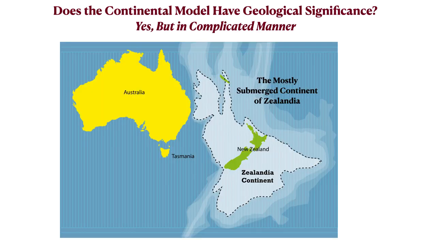So the question to start out with is, do continents and does the continental model have geological significance? And the answer is yes, very much so, but in a complicated manner. If you read the literature on continents today, you'll find many authors claim that there are actually 8 continents.